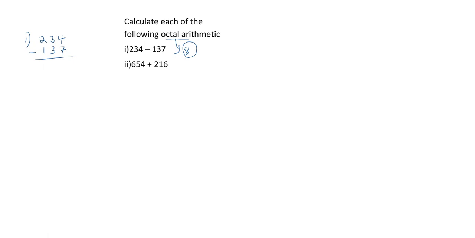you add 10. For example, if we have that 2 minus 5, in normal subtraction it is not possible. We borrow 1 from 3, it remains 2, and when we bring the 1 here, we get 12, meaning we are adding a 10.